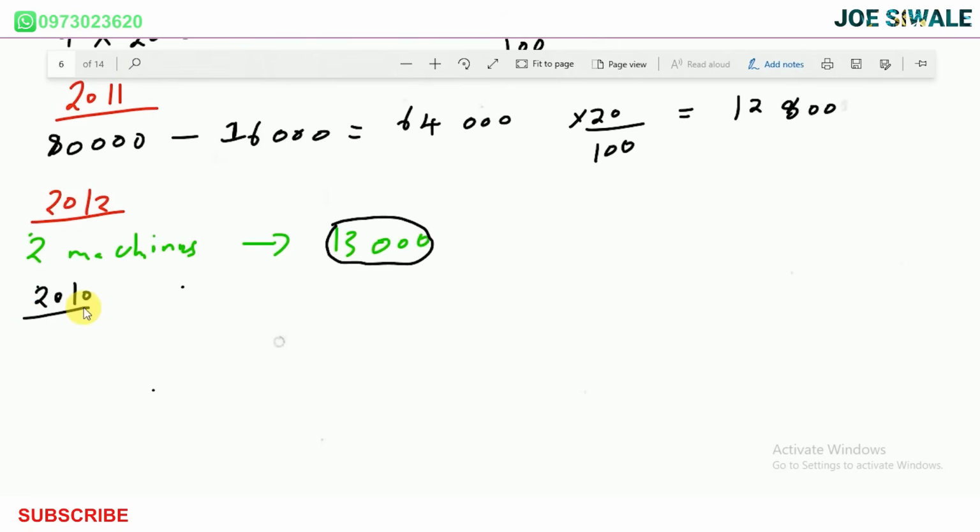So for the year 2010, we know that the cost of one machine is 20,000 kwacha. Then we know that we sold two machines there. That means that the total there is going to be 40,000, and we're going to calculate depreciation for 40,000 in the year 2010.